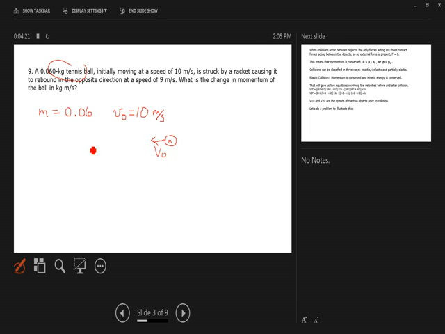It's going to be acted upon by a force in this direction, right? F, which acts for a certain amount of time, right? Delta T. And as a result of that impulse, the after picture is that the mass is moving in the opposite direction with the speed of 9 meters per second.